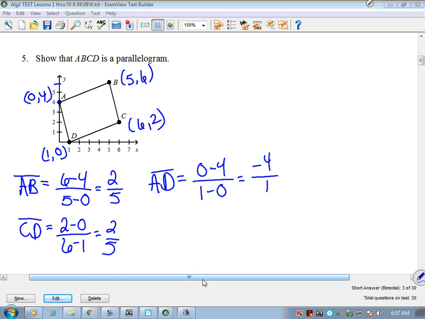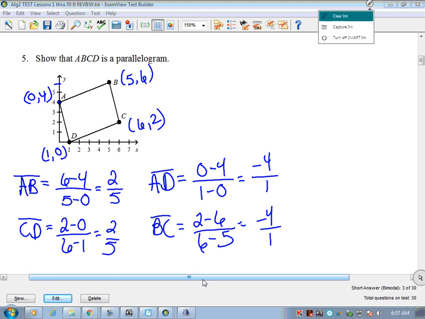And then BC, I'm going to do 2 minus 6 over 6 minus 5. That gives me negative 4 over 1. So we would say ABCD is a parallelogram because both pairs of opposite sides are parallel. And that's what we would use. That's number 5.